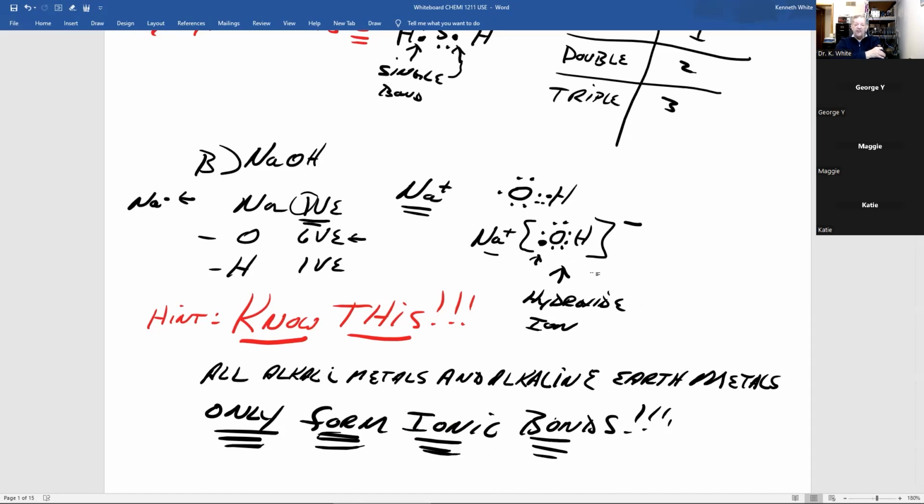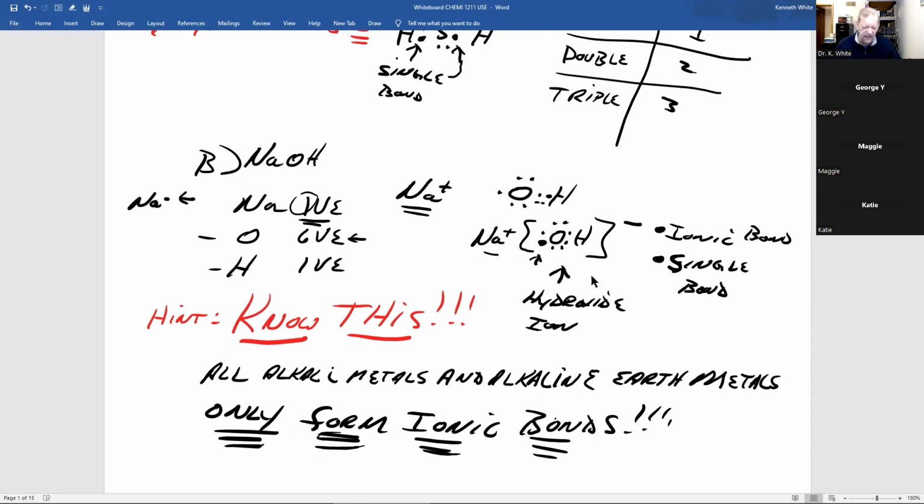So in sodium hydroxide, there are 2 types of bond. One is an ionic bond. The other type is a covalent single bond. And that's how you do it.